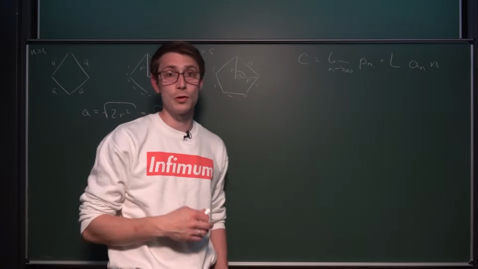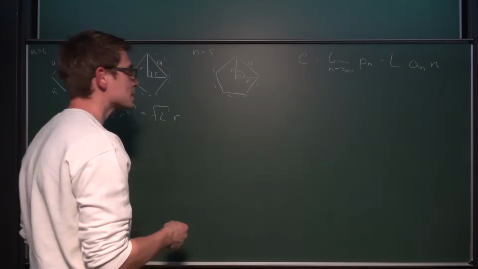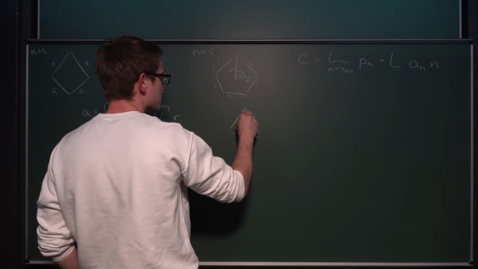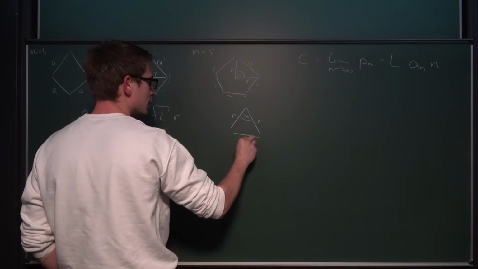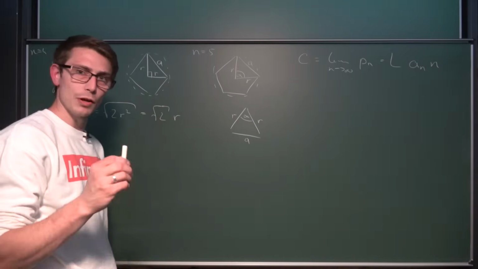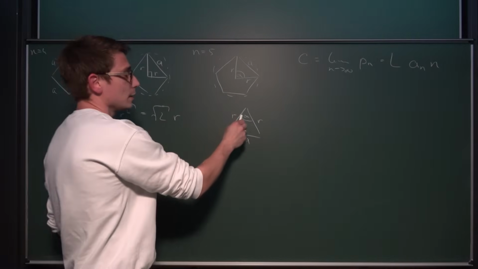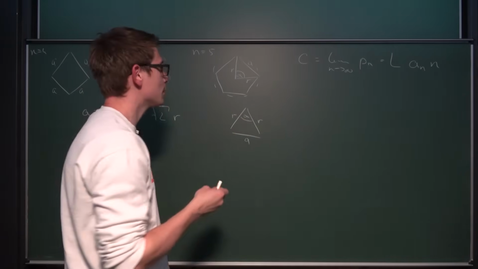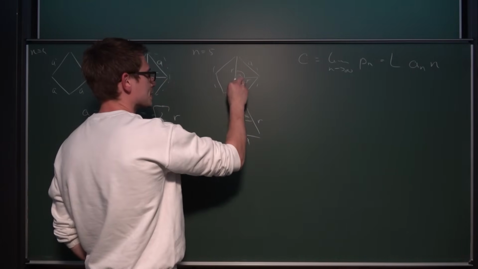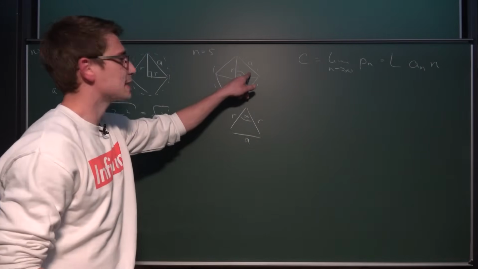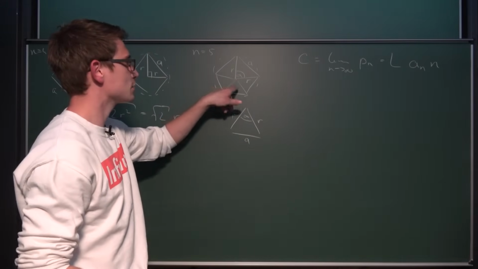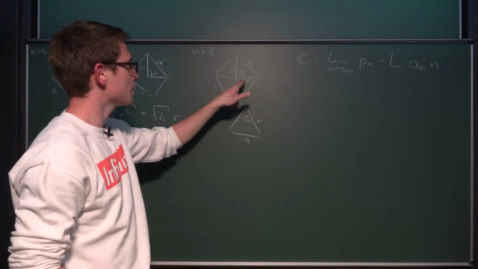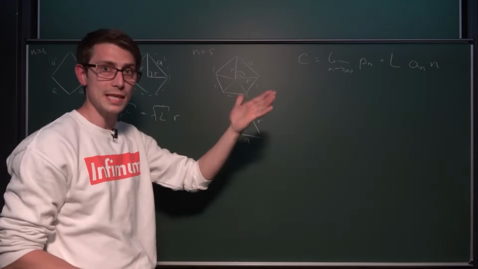You can make use of the law of sines, for example, or the law of cosines. I'm going to go with the law of cosines here because why not. Both are equivalent, so that's not a problem. But in order to use it, we need a value for the angle alpha right here. The cool thing about regular polygons is that if we split this up, we can inscribe the same triangle 5 times for n equal to 5, meaning each of those inner corners has the same angle.